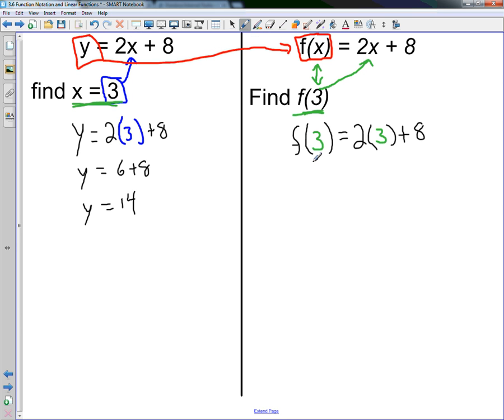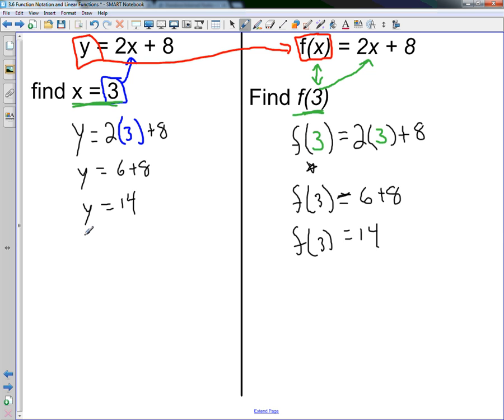Now this notation on the right, the function notation, is just telling us that we plugged in 3. As we go through, f of 3 stays. This doesn't mean f times 3. So this is f of 3, and that equals 2 times 3 is 6 plus 8, and we have f of 3 equals 14. We get the same answer.